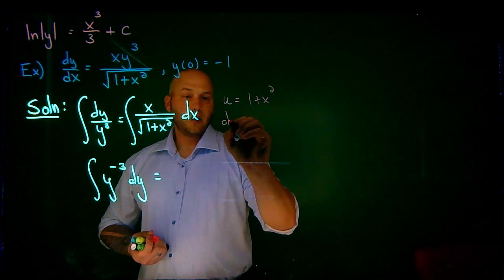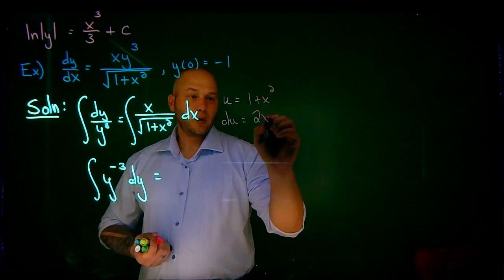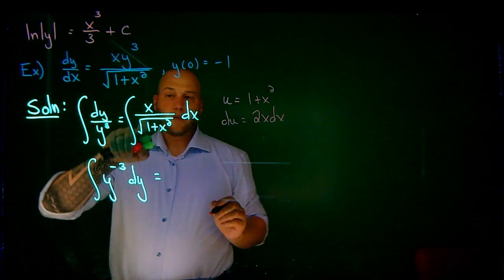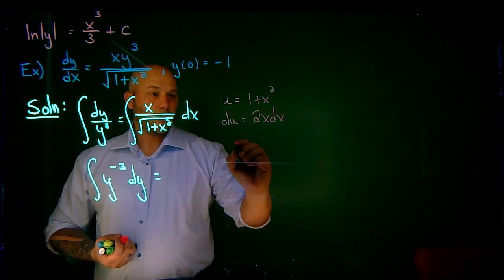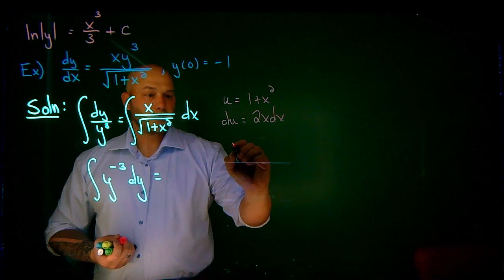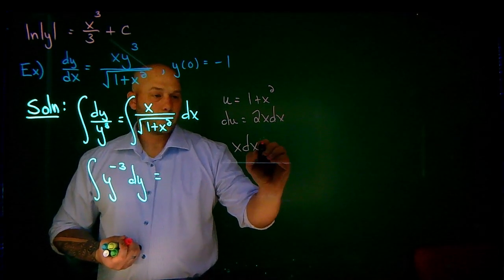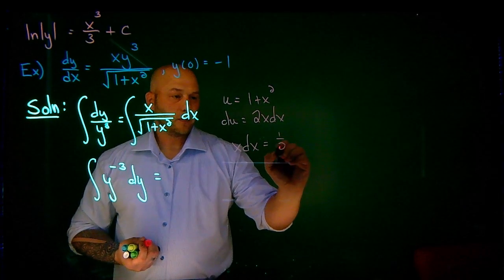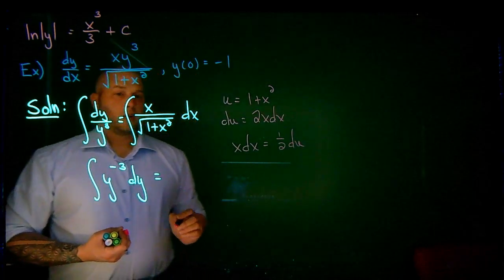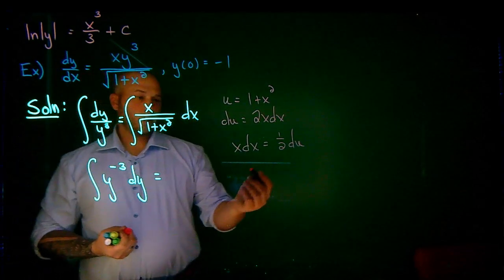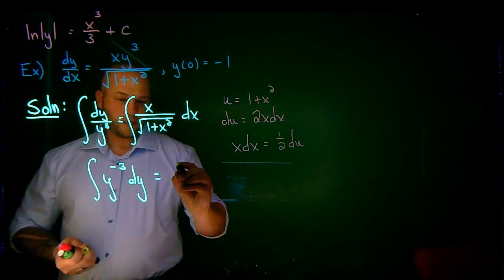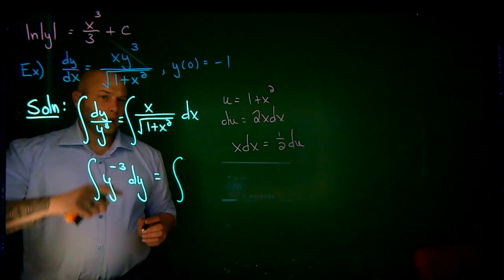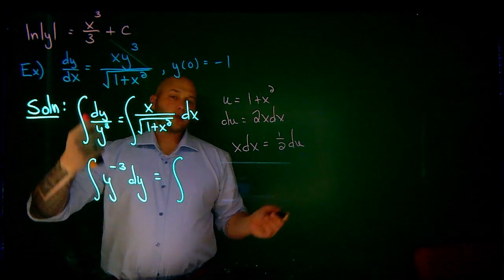That means du would be 2x dx. That factor of 2 is missing, or said differently, I can write x dx as 1/2 du. So the x and the dx will get replaced with 1/2 du. Let's just go ahead and substitute everything in.